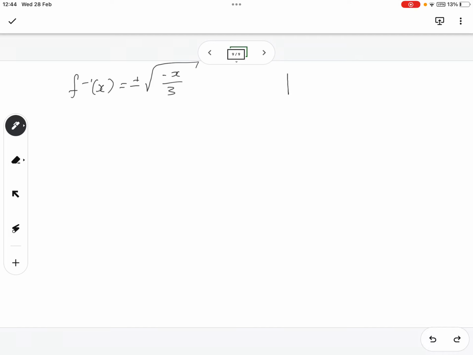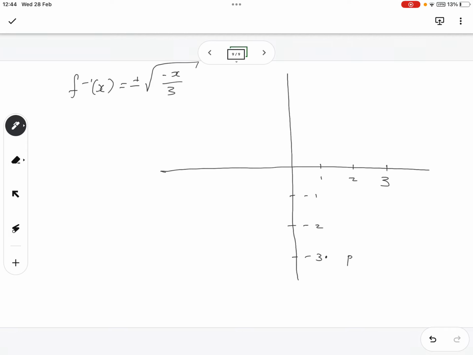It's not a straight line. It's a curved line. It's a straight line that has curves. 1, 2, 3. -1, -2, -3.